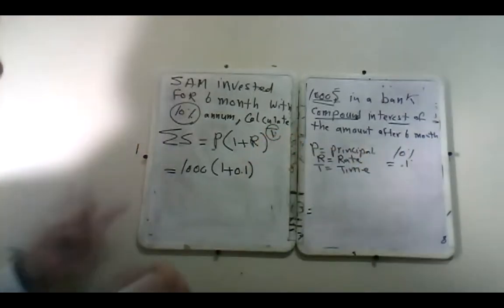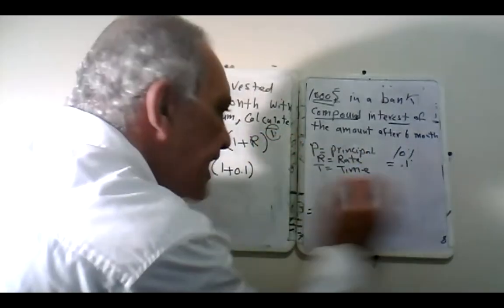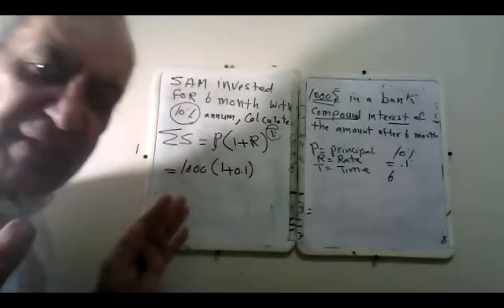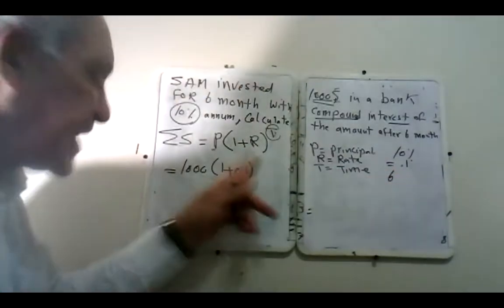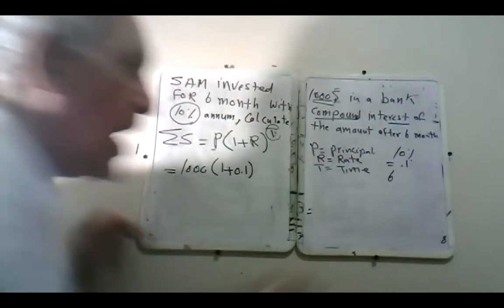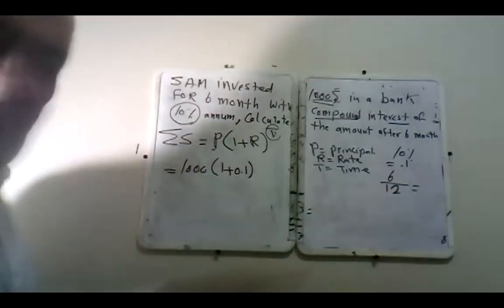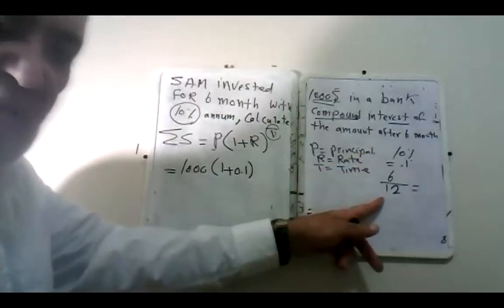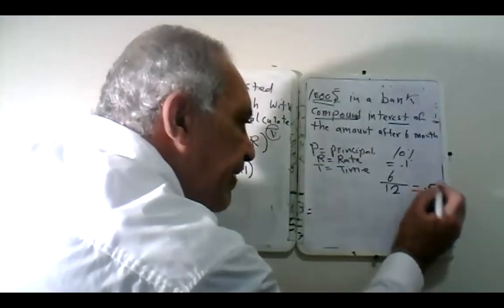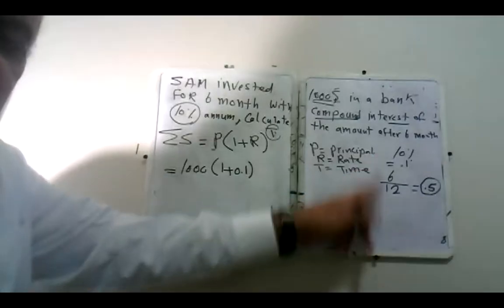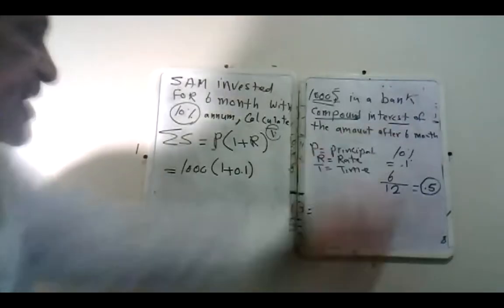The 6 months means as long as 6 months. I cannot write it 6 because if I wrote it power 6, that means 6 years. I have to convert it into part of the year. So it's 6 months divided by 12, that means 0.5, because 6 months divided by 12 months is half a year.